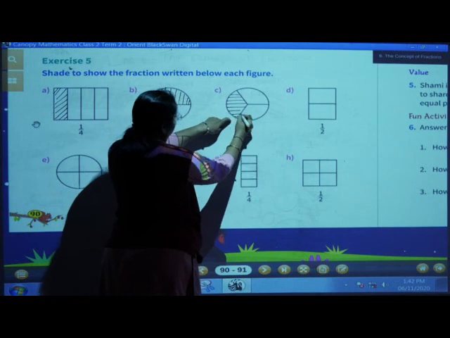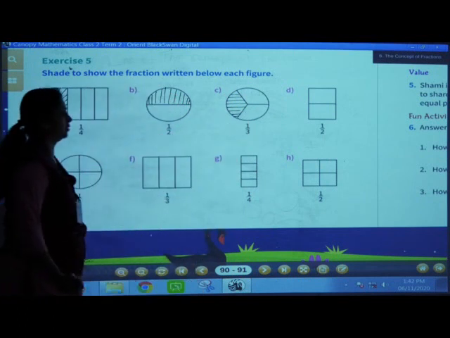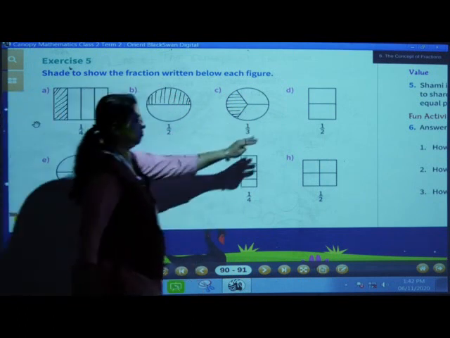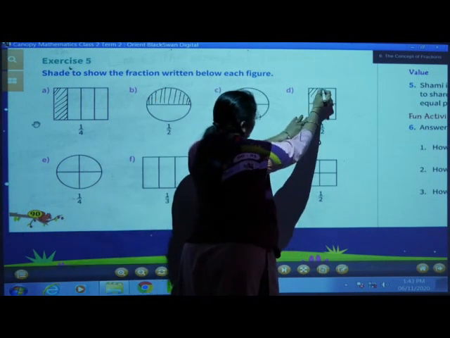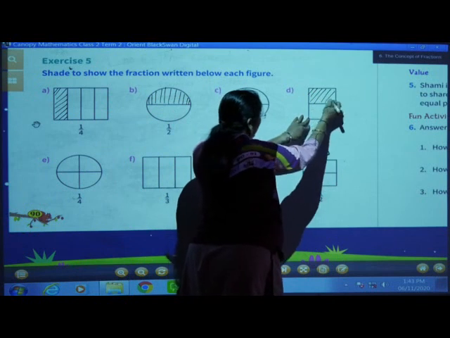This is 1/3. Half. This is half. So we have to shade one part.